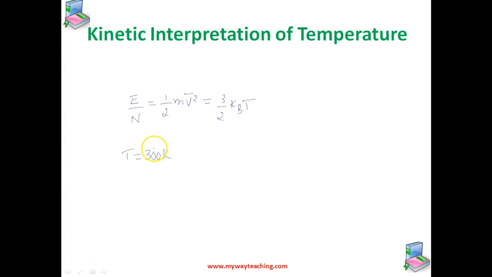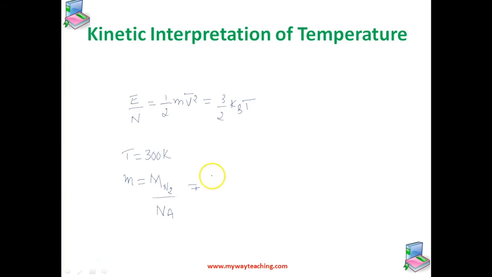The mean square speed of a molecule in nitrogen gas is given by m N2 by NA.